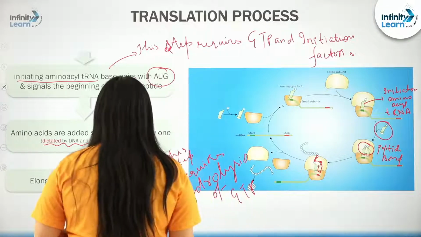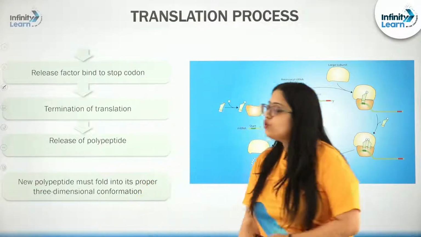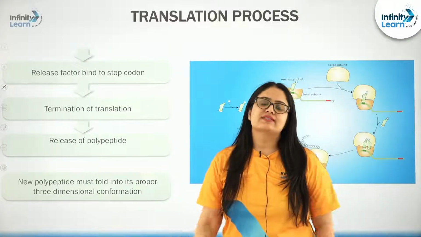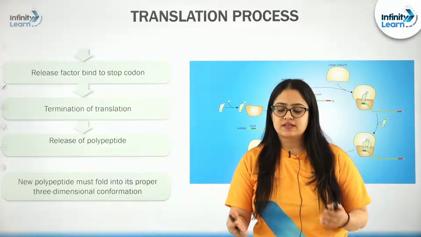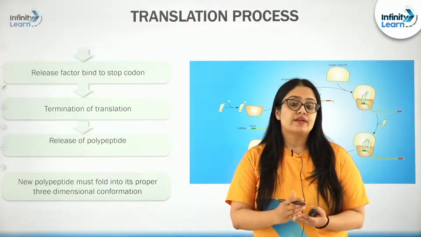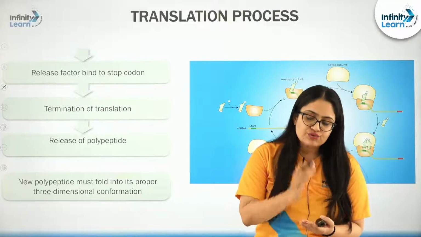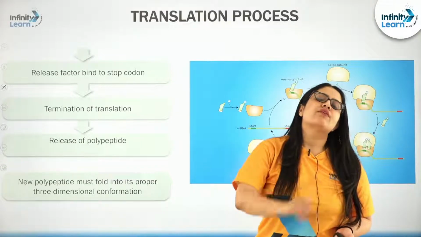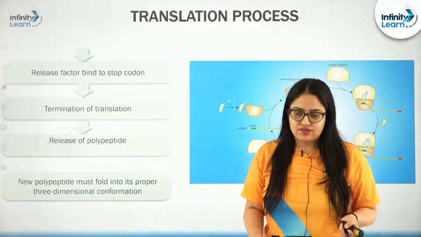Next that you need to understand is how this process is going to end. So, as soon as the entire mRNA is translated, there will be a point where this translation process needs to cease, needs to stop, needs to terminate. And again, in order to terminate, there will be a requirement of termination factors, right.